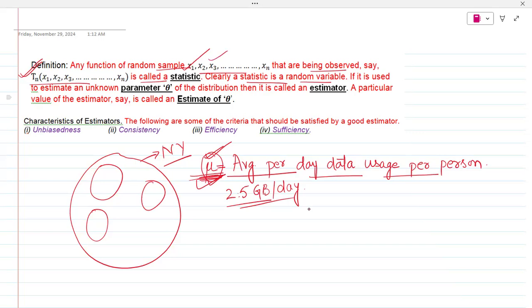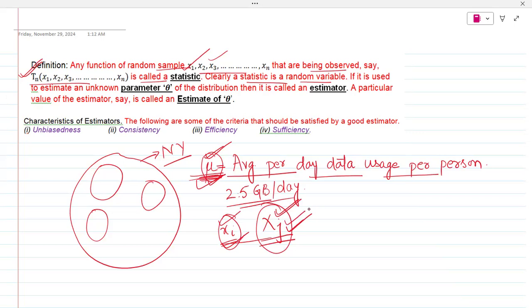As I discussed in the previous lecture, this small xi can be any jth population value. Any ith sample observation can be any jth population value. This selection is random, so xi can take any population value randomly.